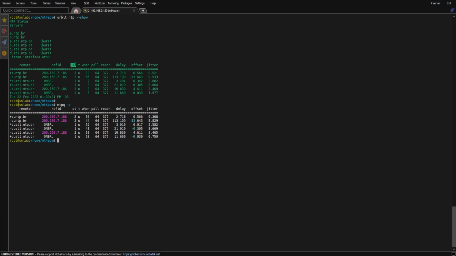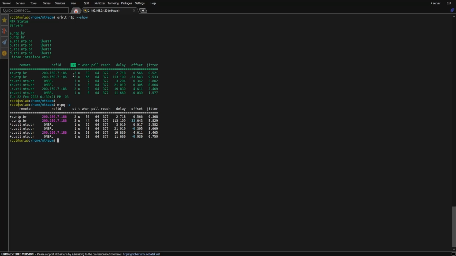Skipping to the ST. The ST is nothing more than the level of the hierarchy tree that your server is. I've separated an image here so we can understand a little better. The ST is a chain of servers, so we can have from 0, which is represented here, up to 16, where 0 is the root and 16 are the servers that are not on reliable time.